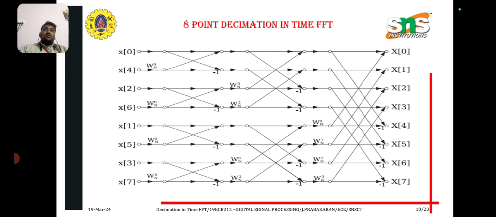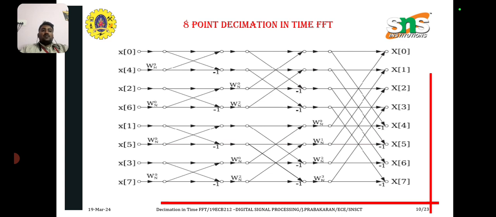The output of the first stage is given to the input of the second stage. Similarly, the output of the second stage is given to the input of the third stage. Finally we get the frequency domain, that is capital X of 0, capital X of 1, capital X of 2, capital X of 3, capital X of 4, capital X of 5, capital X of 6, capital X of 7.